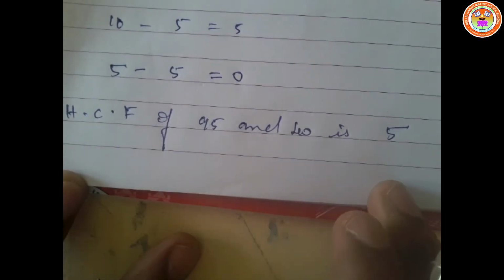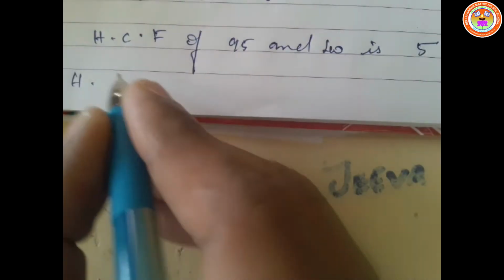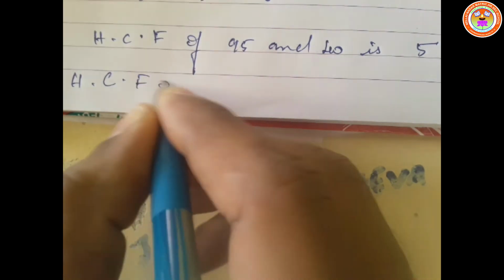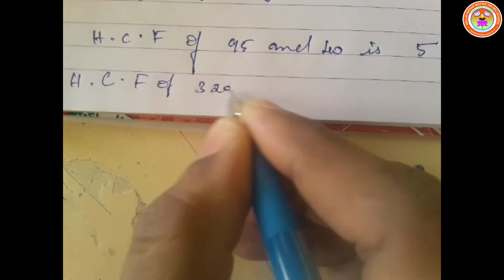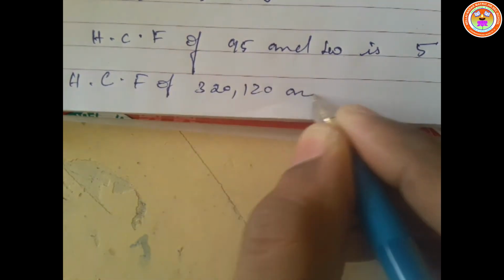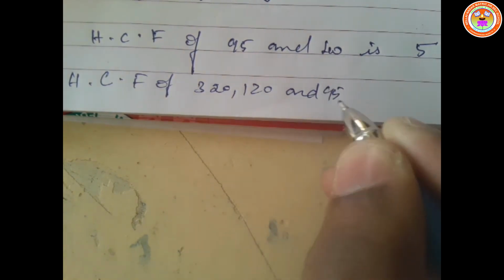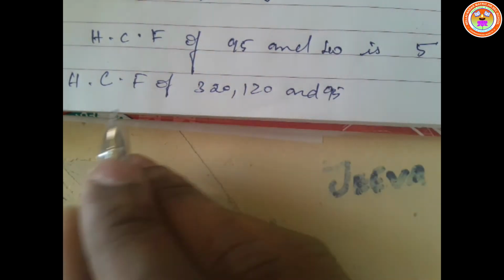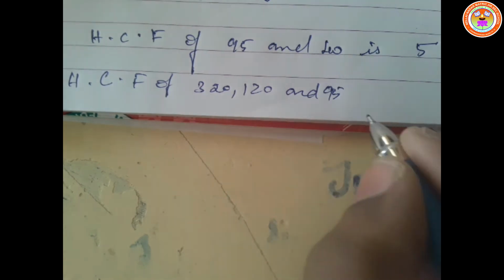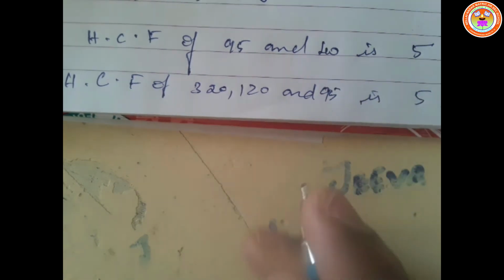Therefore, the HCF of 320, 120 and 95 is 5. So like this you have to complete the answer.